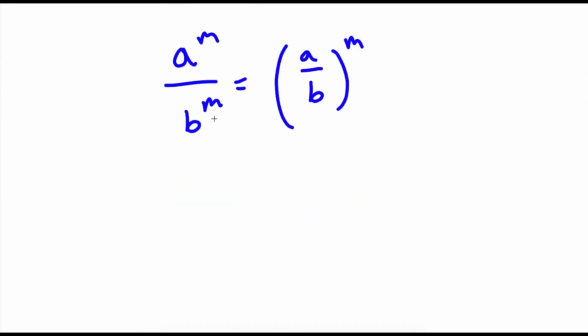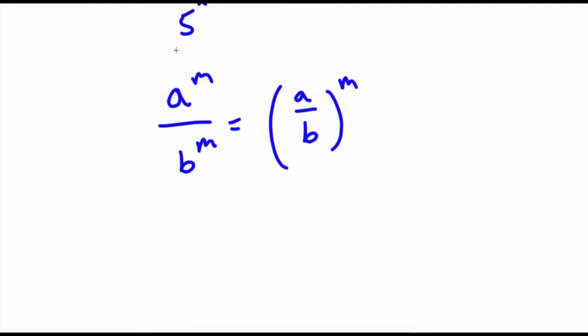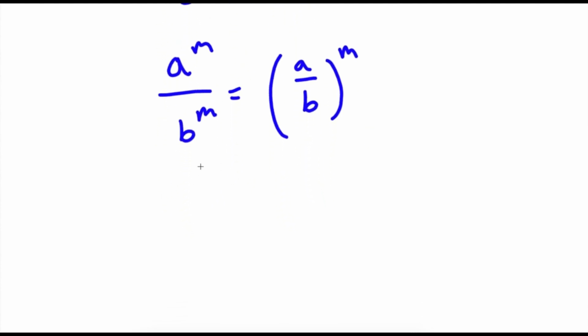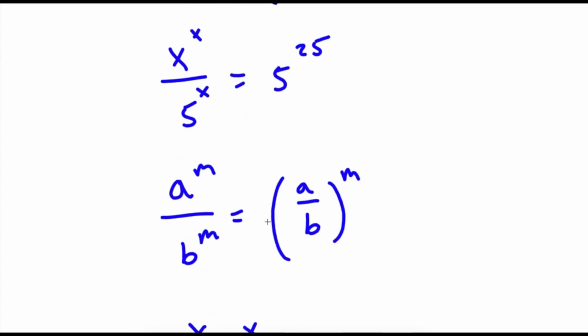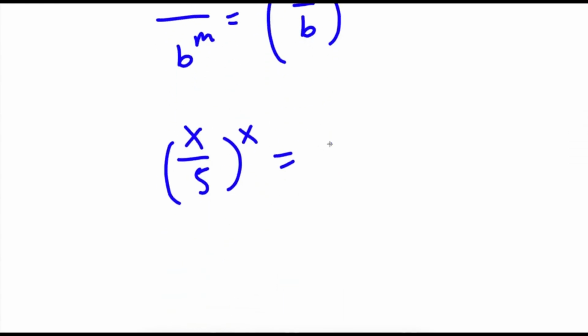So in this case, x to the power of x over 5 to the power of x, that's going to equal x over 5 to the power of x, which is equal to 5 to the power of 25.